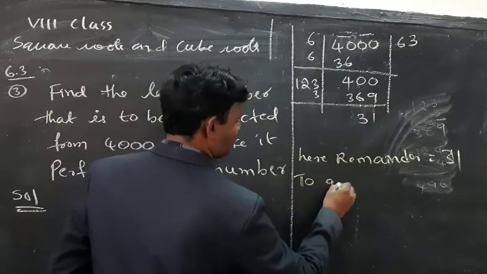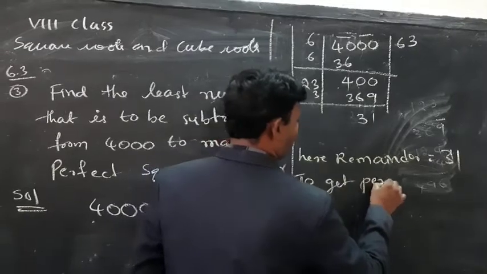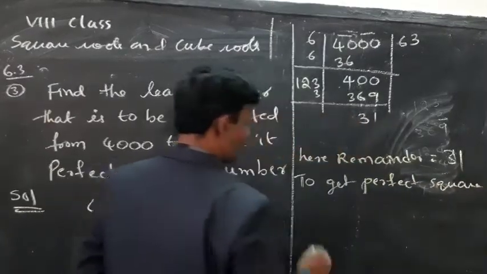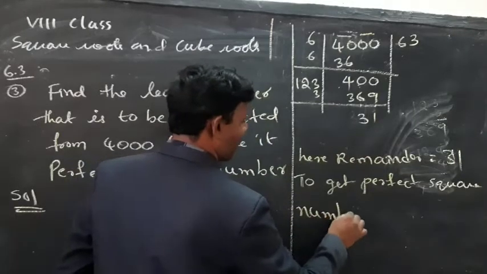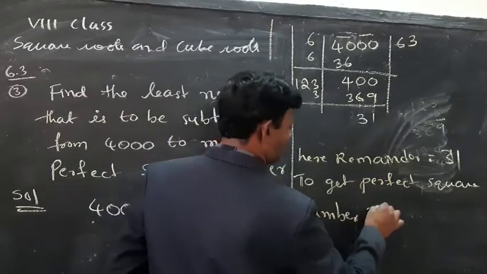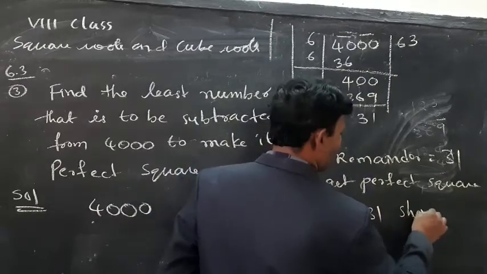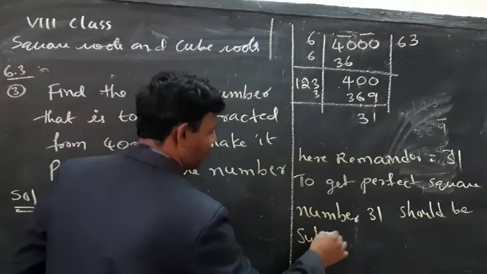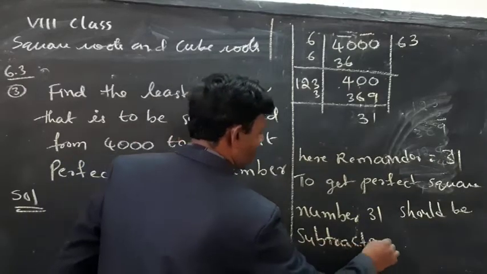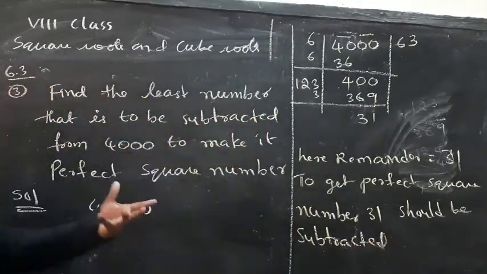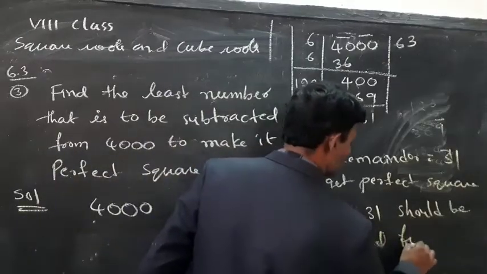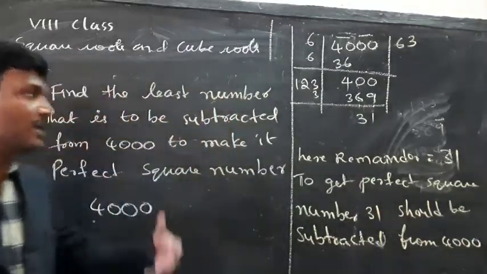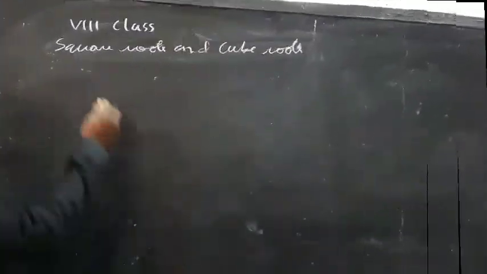To get a perfect square number, 31 should be subtracted from 4000.